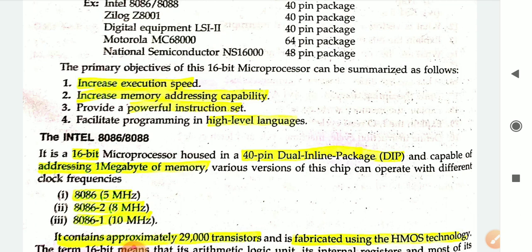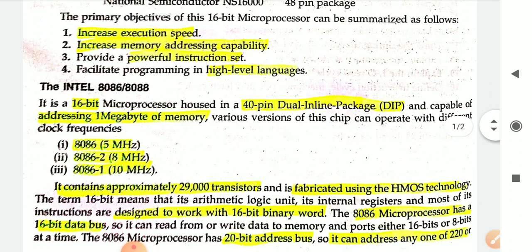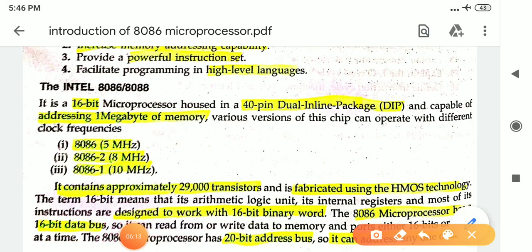It is also known as the dual inline package, DIP, and it is capable of addressing 1 megabyte of memory. So the Intel 8086 and 8088 are capable of addressing 1 megabyte of memory, and various versions of this chip can operate with different clock frequencies.